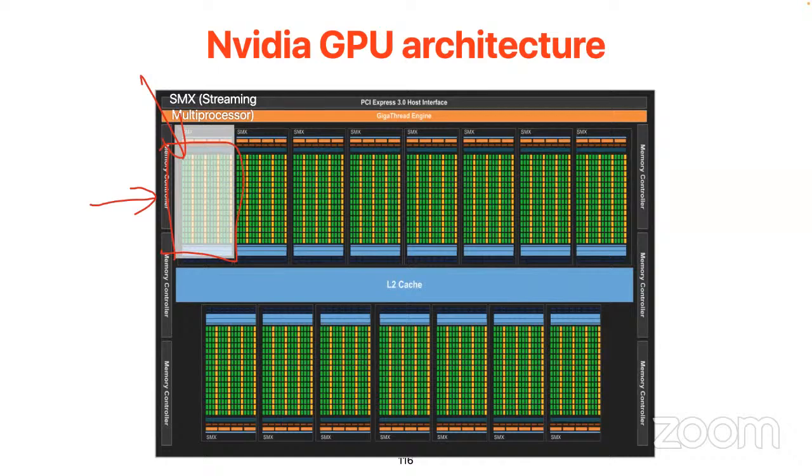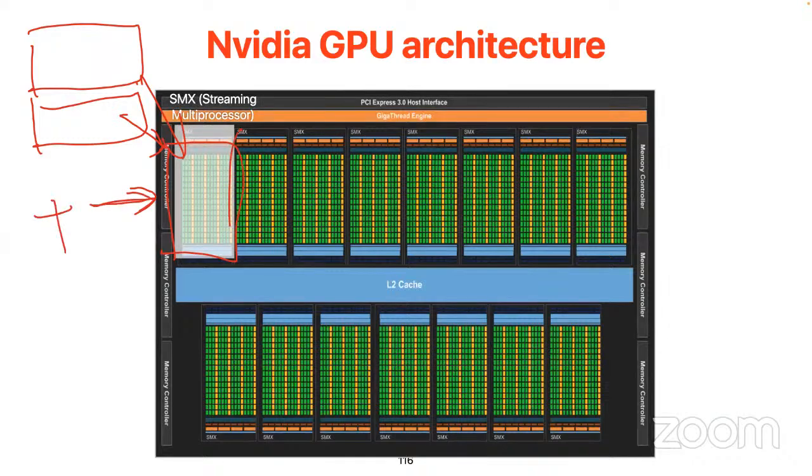So the programming model of GPU is that I can feed vectors of data into the same SMX, and all the ALUs within this SMX will perform the same operation. So like this one can do plus, this one can do minus, this one can do multiply. But if you remember how big each one is, it might have like 192 cores. So you can compute on 192 pairs of numbers together. So that's the GPU architecture.